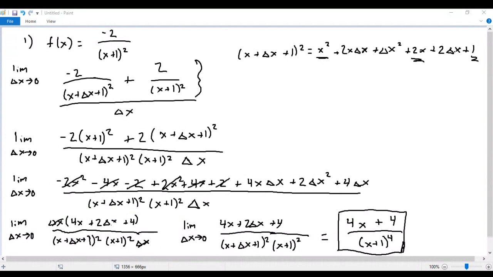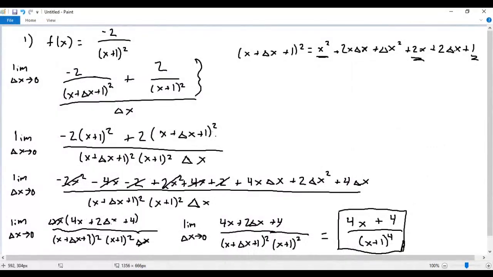So basically, the big things to watch out for with these, using the definition of a derivative to find the derivative, is mostly you do want to simplify everything in the numerator into one term, even if it is something huge, long, and messy, like we did up here.